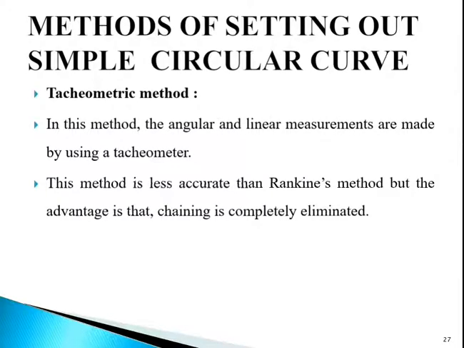Next is the tachymetric method. In this method, the angular and linear measurements are made by using a tachometer. This method is less accurate than Rankine's method, but the advantage is that chaining is completely eliminated.